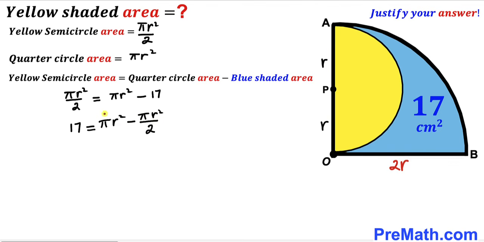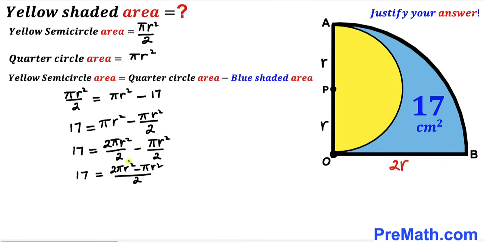Now we are going to tweak this pi r square. It could be written as 2 pi r square divided by 2, as you can see in this next step. So we can write 17 equals 2 pi r square minus pi r square, all over 2.